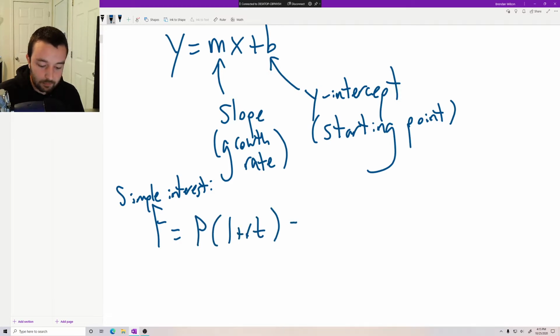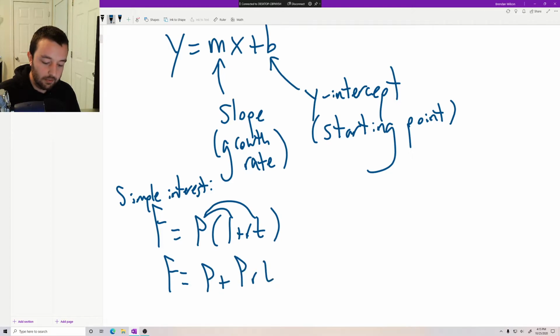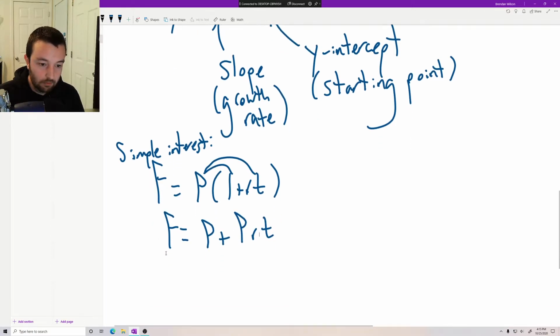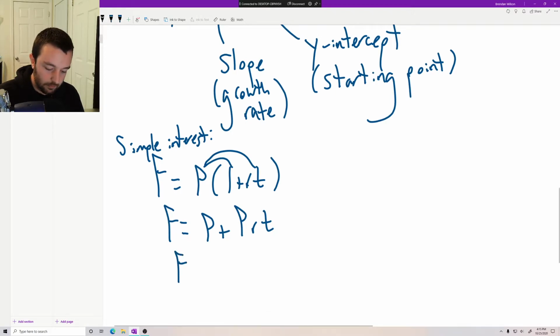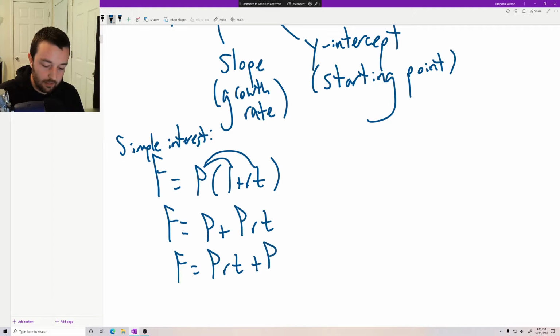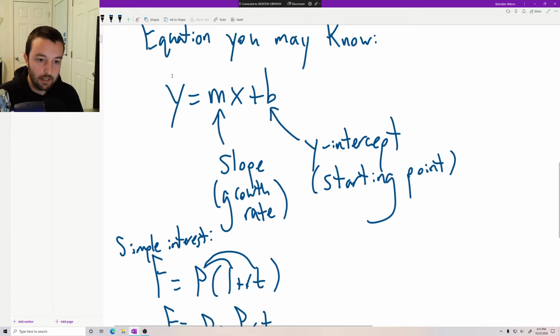Well, it doesn't look like it's in that form initially, but if we use the distributive property to do P times 1 and P times RT, so we want to multiply P by both things here, we get F is equal to P plus PRT, which maybe we could write it like this instead, so we can see it's in the same form, y equals mx plus b.